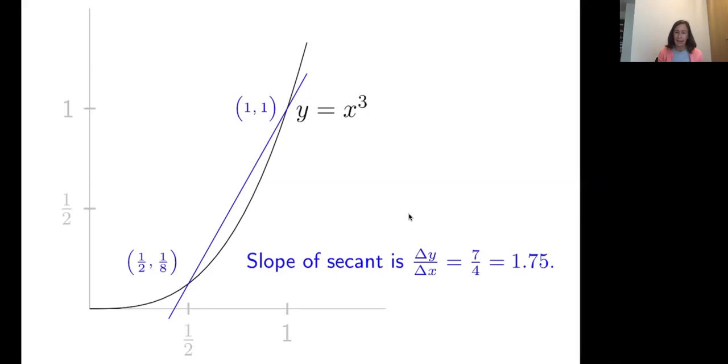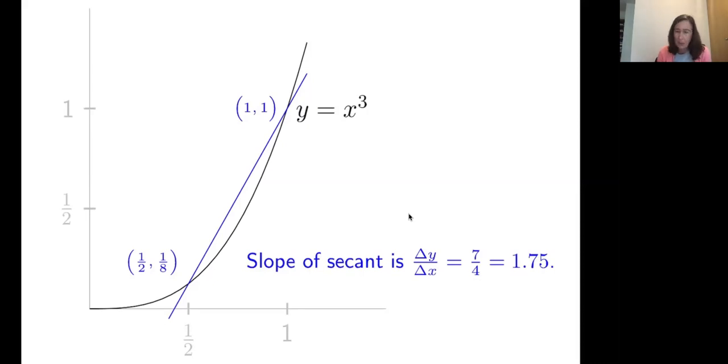I've switched here to a pre-made picture because I don't trust myself as an artist to draw something that will make the point I need to make. I've also changed our nonlinear function to be y equals x to the 3 power, y equals x cubed.